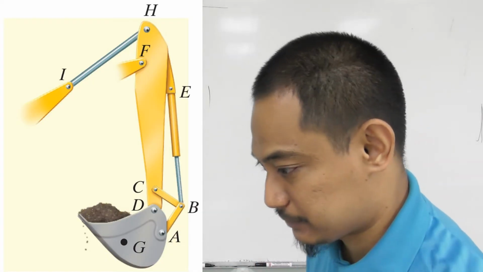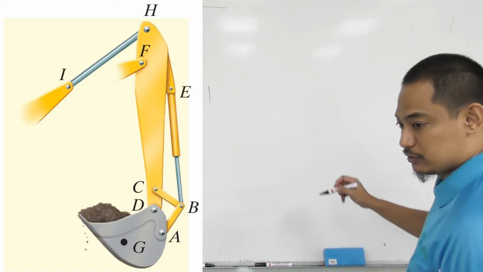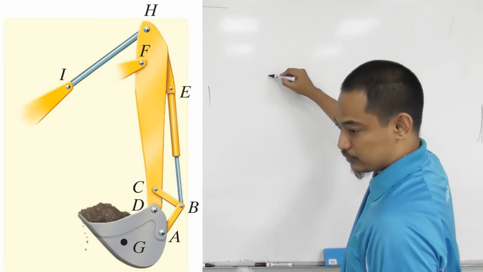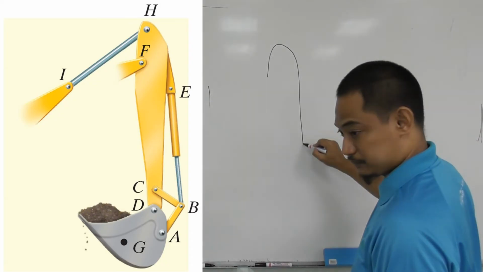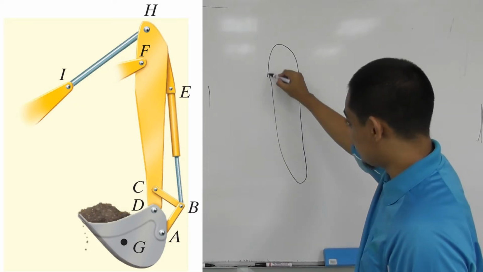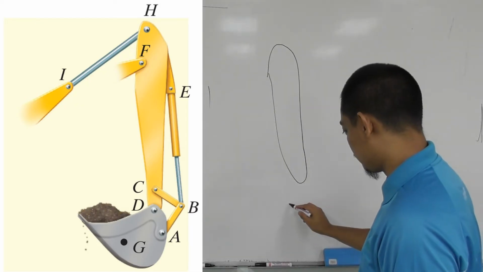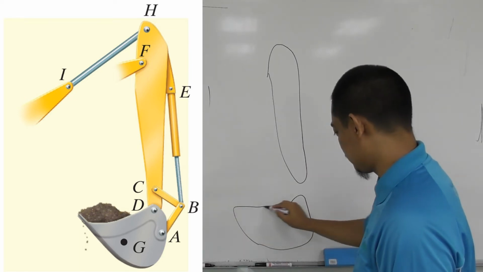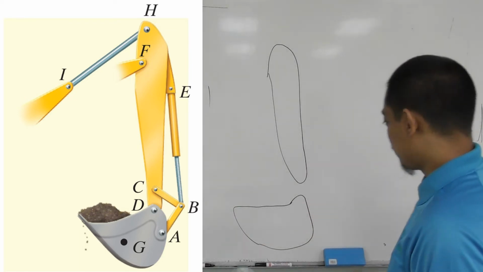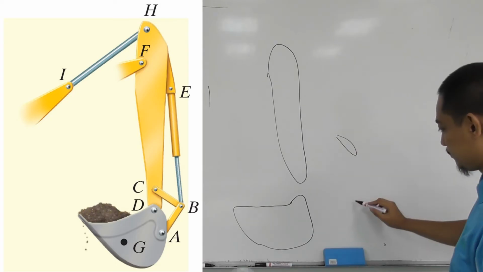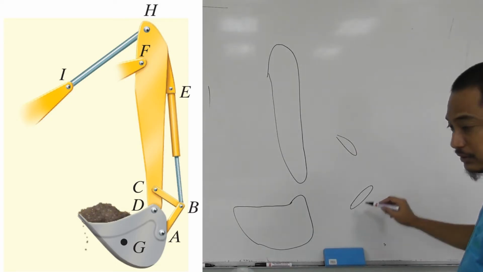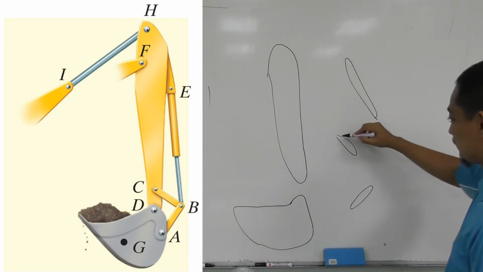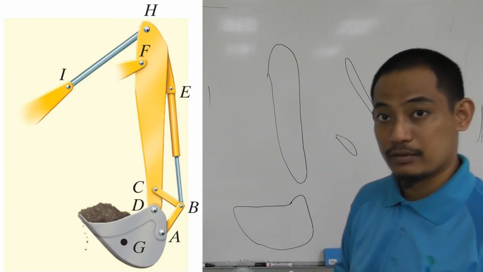So in that case, if you draw the whole arm or something like this, which is connected to whatever this thing, and then basically you have two force member here, two force member here, and then two force member like this, right? Something like that, right?